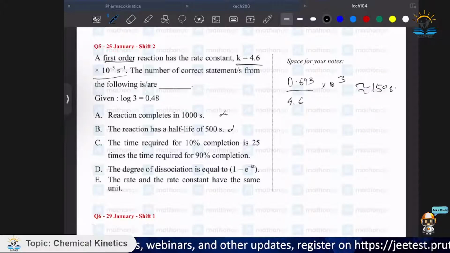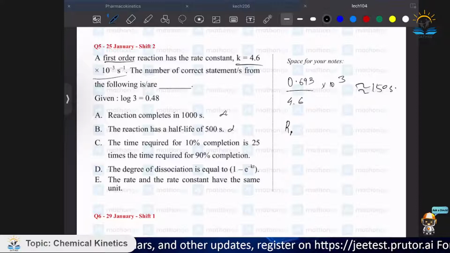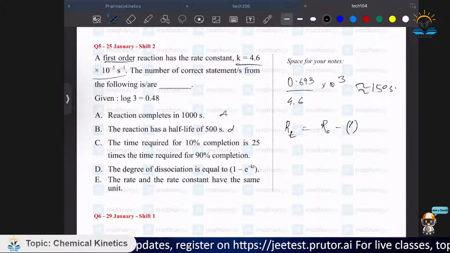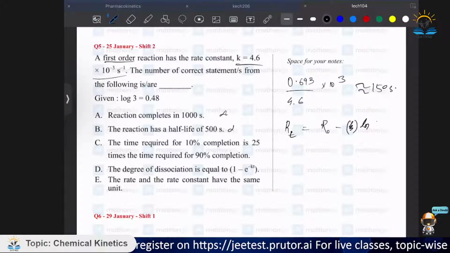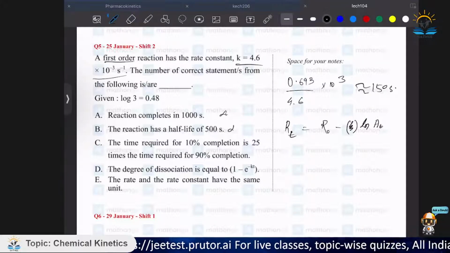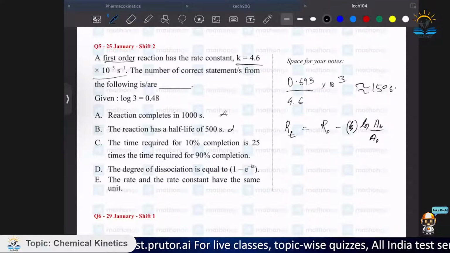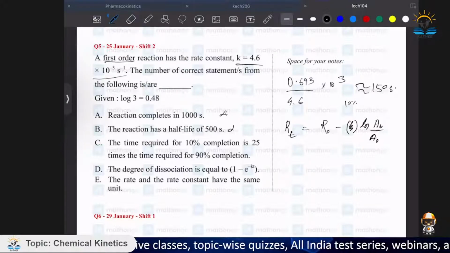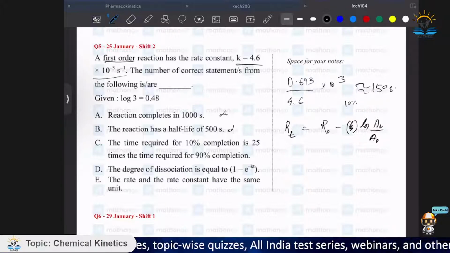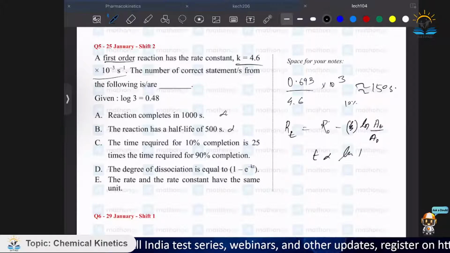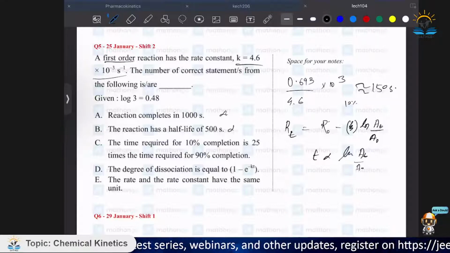The equation is something like Rt is equal to R naught minus some factor into ln concentration at time t divided by concentration at initial. So concentration at time t for 10% completion. So basically for 10% completion, time is proportional to ln of t by naught.